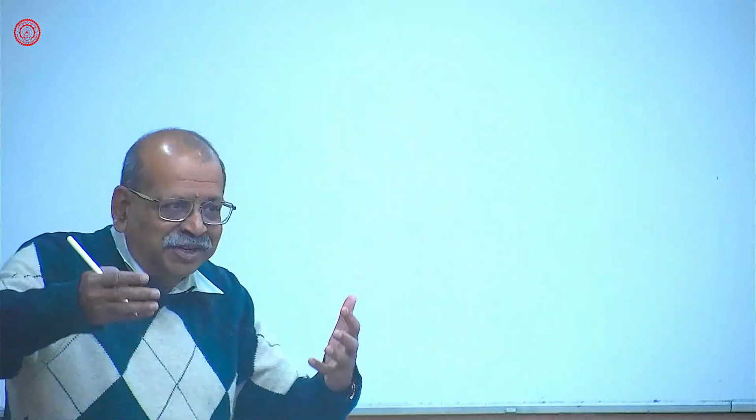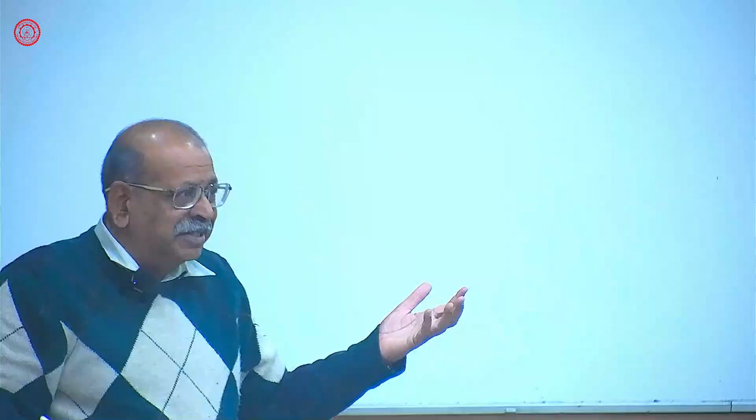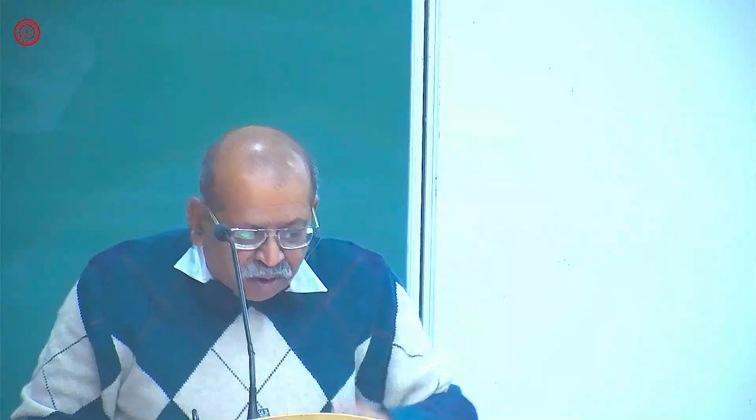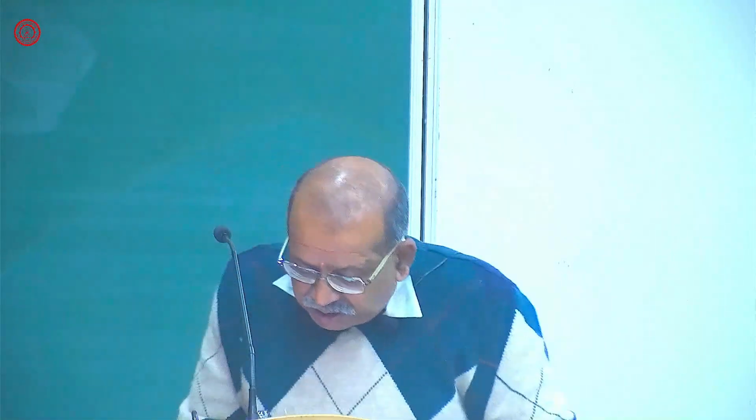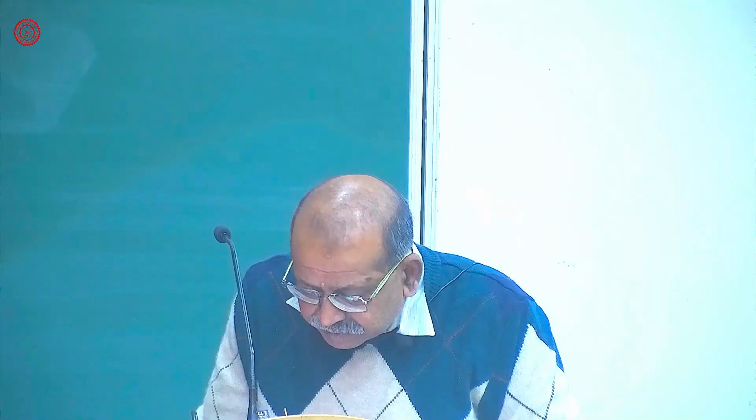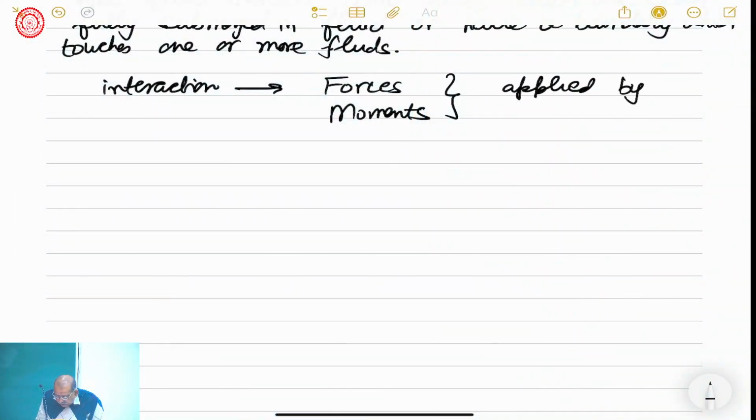Aeroplane lifting is a force, but then it cannot roll around, so then you have to find the moment. So these interactions would mainly come in the form of forces and moments which are applied by the fluid on the body it interacts with.